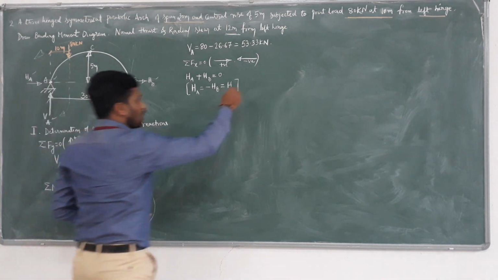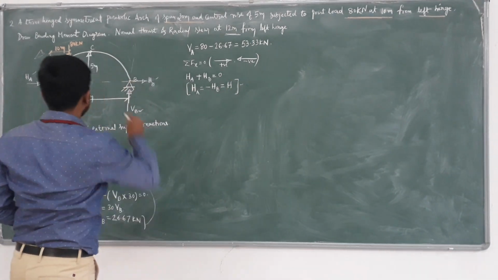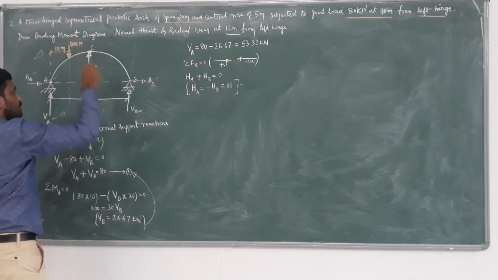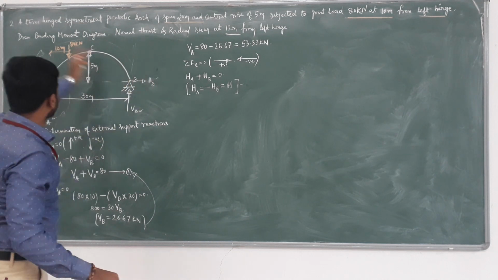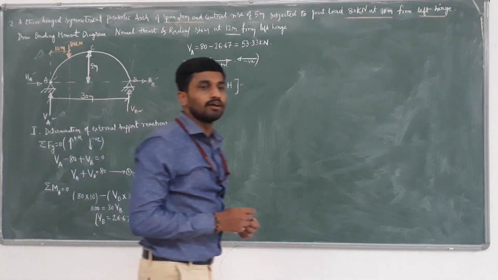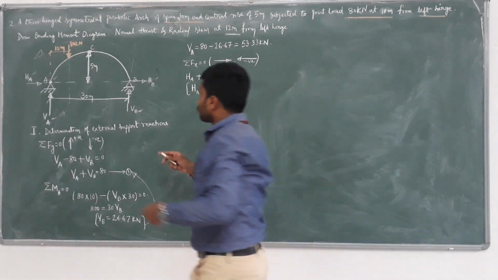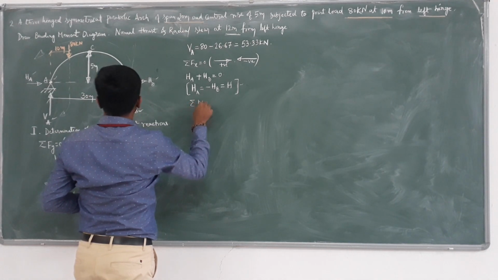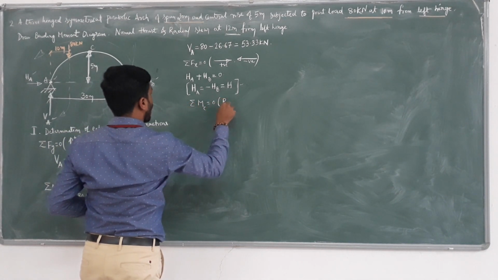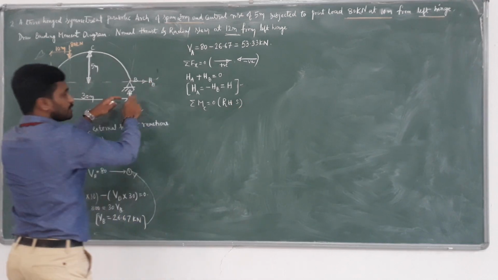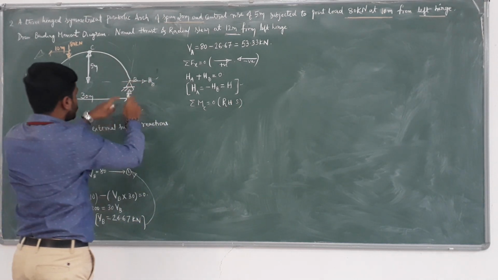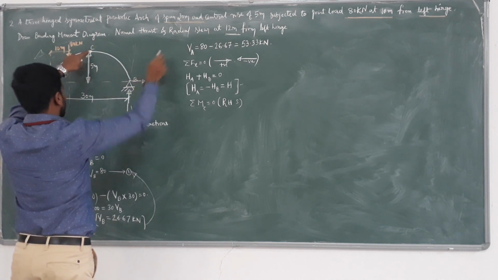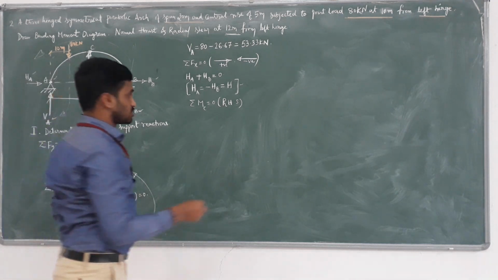For the determination of the H value, we have to take moment at the crown. Whether you take the right side or the left side, any one part you have to consider for the analysis. If you take the right side, sigma MC equals 0. If you take RHS, there are only two forces coming into the picture. VB rotating anti-clockwise as well as HB also rotating anti-clockwise.